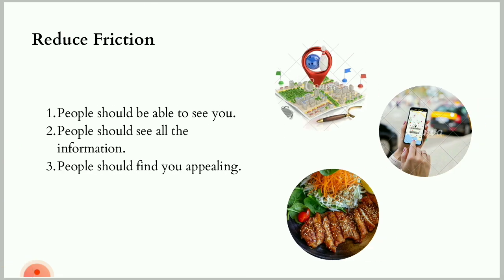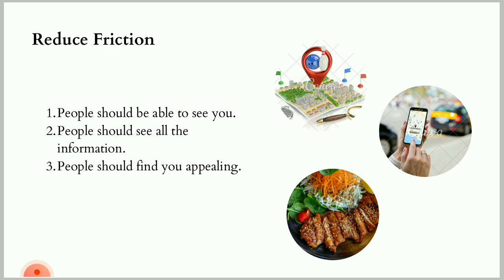So friction reduction is very important. Since there was less friction between me and that restaurant, that's why I went there. For other restaurants, though they were nearby, for me there was more friction. So, reduced friction means people should be able to see you first.